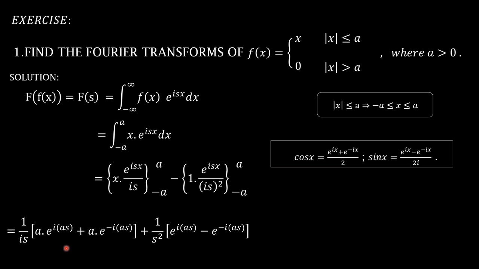Just taking a outside the bracket and observing that e to the power i as plus e to the power minus i as can be written as 2 into cos as, plus 1 by s square into, observe that e to the power i as minus e to the power minus i as can be written as 2 into i into sin as. If you want, you can simplify or else leave at this point itself. So, this is the required Fourier transform of the given function.